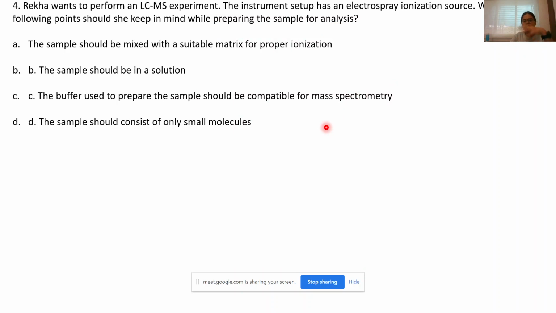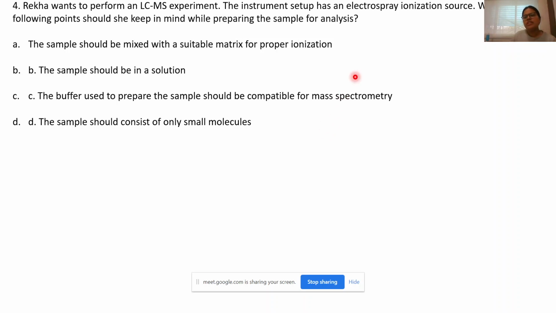As you know, the basic principle of how mass spectrometry works is that it separates your compound of interest based upon its mass to charge ratio. Okay.